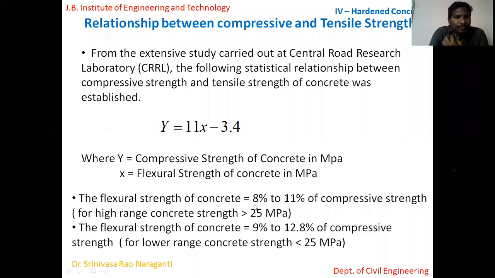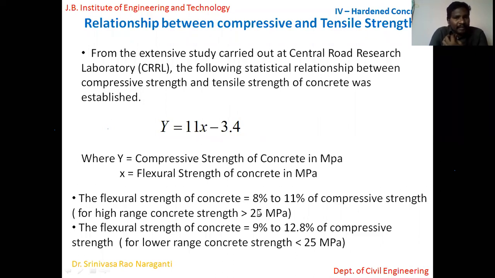If you know your grade of concrete you're using, that means compressive strength of the concrete is more than 25 Newton per mm square, that means after 28 days of curing you're expecting concrete to gain a strength of more than 25. Other way around, if a concrete mix is richer than M25 mix, then flexural strength or tensile strength of the concrete is approximately 8 to 11% of the compressive strength.